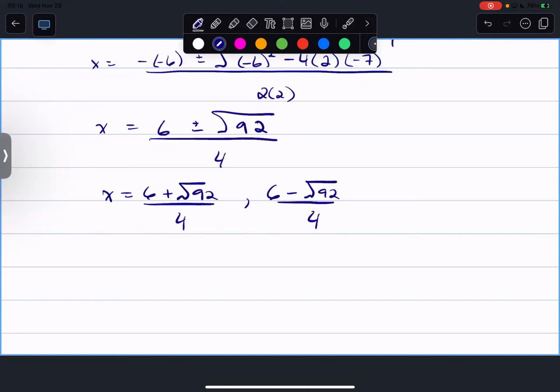6 plus the root of 92 divided by 4 is roughly 3.8979157662. It's a compulsion. 6 minus the root of 92 divided by 4 is roughly, play it cool, Emily.